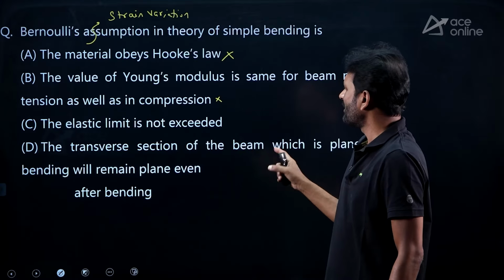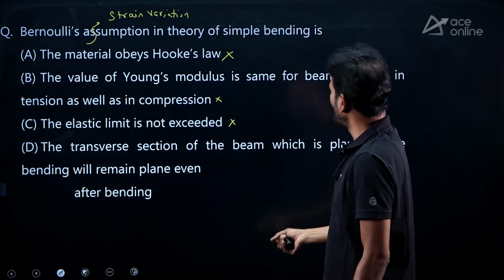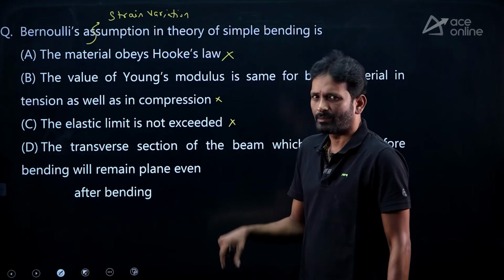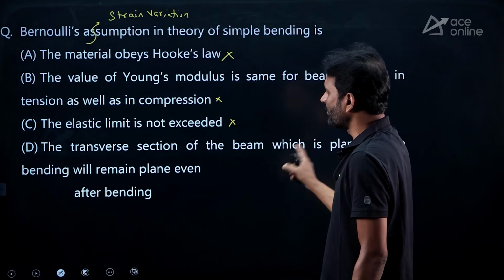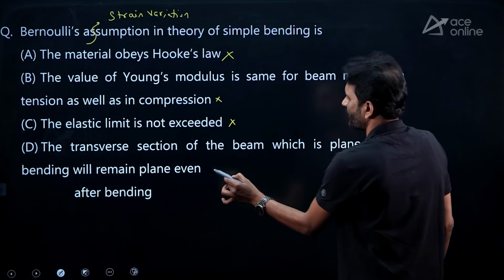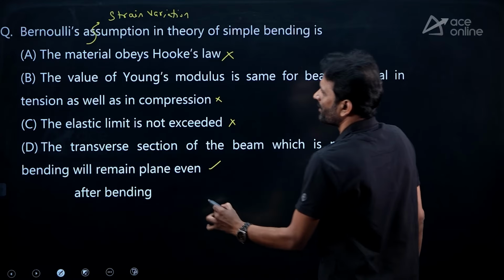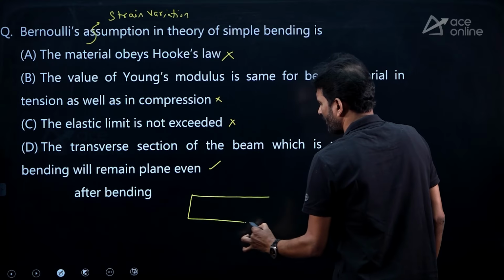The elastic limit is not exceeded. Yes, it is related to the loading condition. Obviously, loading on the beam must be within the proportionality limit. The transverse section of the beam, which is a plane before bending, remains plane even after bending. This is correct.